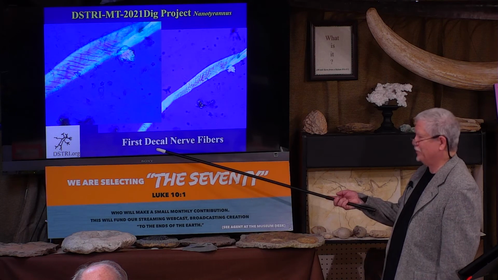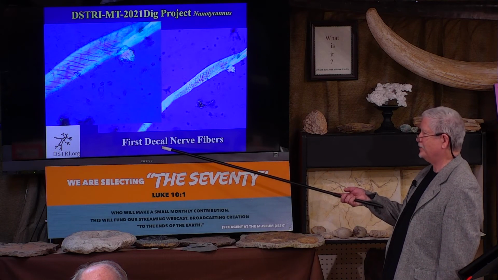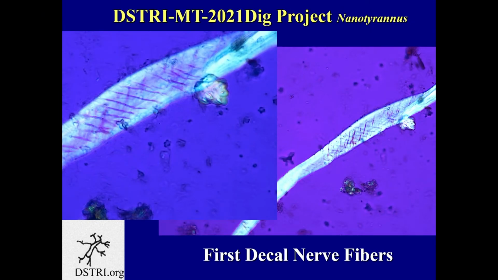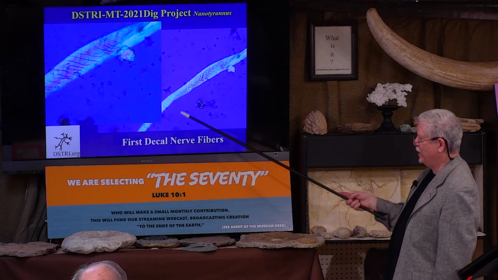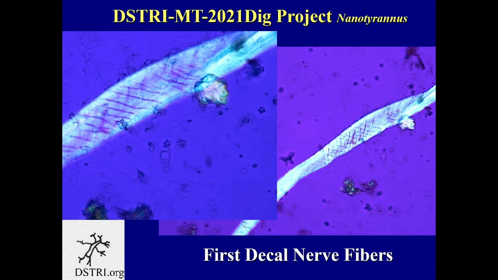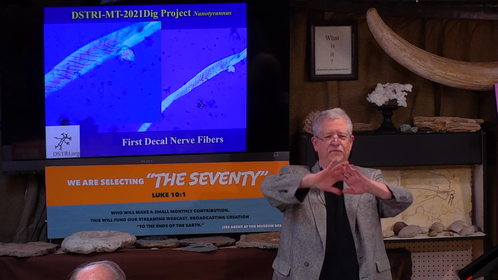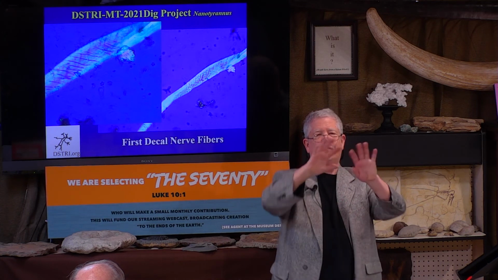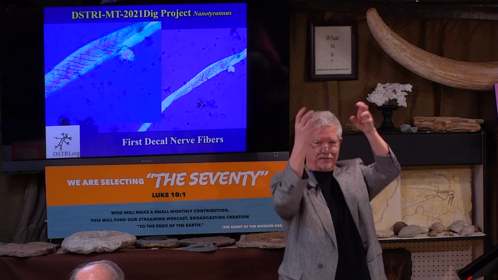This is a picture of first decal of some of that Nanotyrannus. So these are the first fibers that we pulled out of this Nanotyrannus bone. It has a crosshatch right there. This is a diagnostic feature. The way nerves are constructed, there are tissues called epineurium and perineurium that go around the vessel in a crosshatch pattern, like a double helix all the way around.